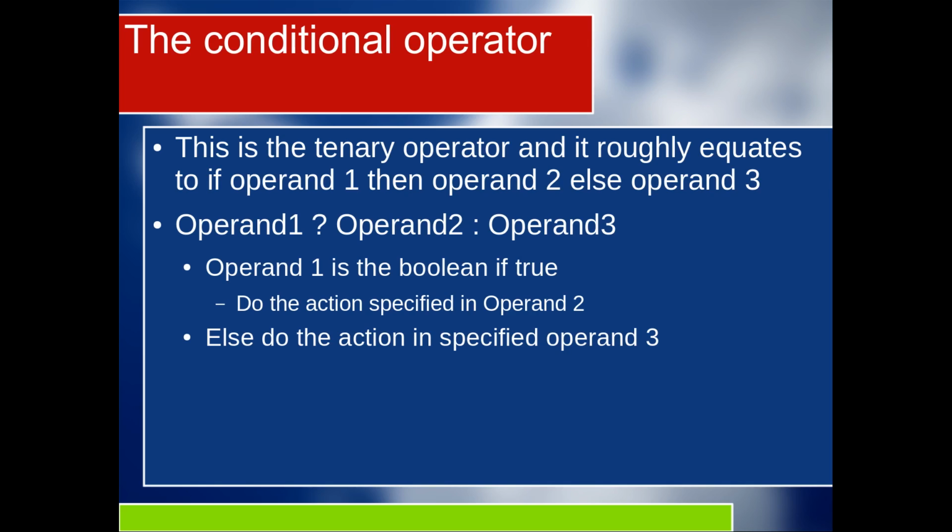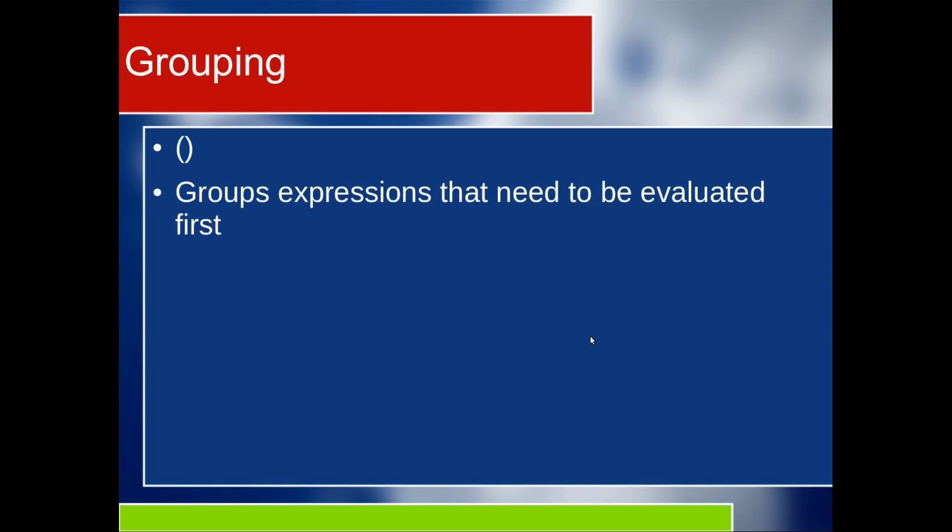It looks sort of just like that. If you have operand 1, there's a question mark, then there's an operand 2, a colon, then operand 3. Operand 1 is the Boolean value. Do the action specified in operand 2, else do the action specified in operand 3, just as I said in the earlier statement. I'm kind of repeating myself, but there it is.